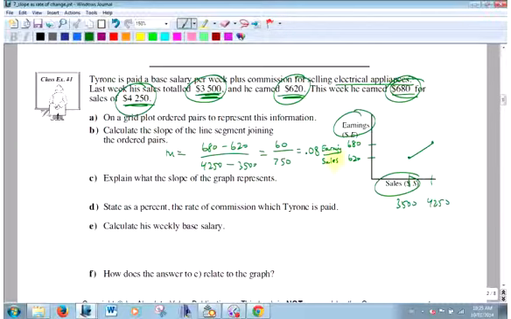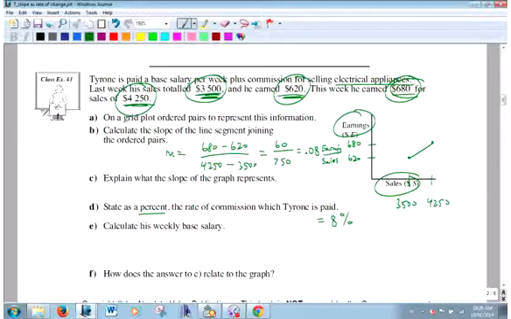It's just a number. What's the meaning of this slope? Liam? Sweet. State as a percent his rate of commission. Move the decimal 2 spots to the right. Tyrone makes 8% commission on every toaster he sells.